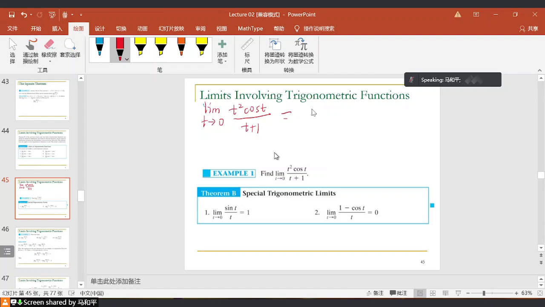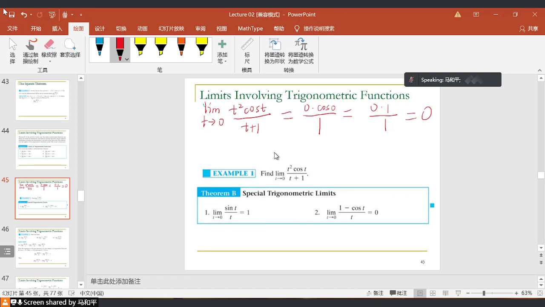We can use substitution because the denominator is not 0 at the limit point 0. So when t approaches 0, t plus 1 approaches 1, and t squared approaches 0. By substitution, cosine 0 is 1, so it's 0 times 1 over 1, which is 0. So the limit is 0.